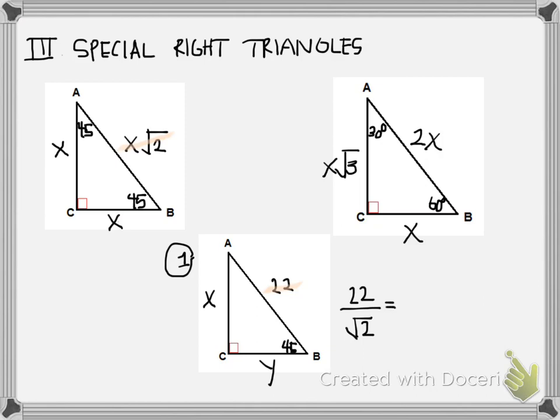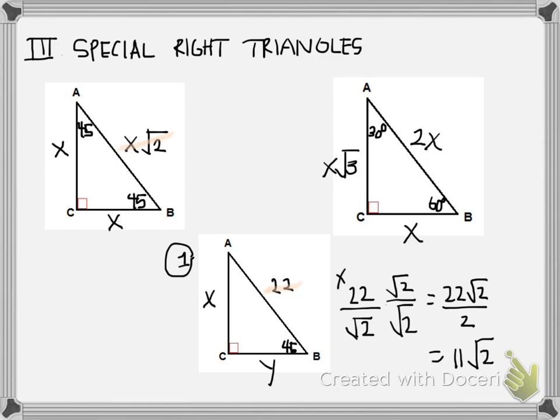Remember, we don't like square roots in the bottom, so I'm going to multiply both things by the square root of 2. I'm going to get 22 times square root of 2 all over 2. 2 goes into 22, 11, so this is going to be 11 square root of 2.